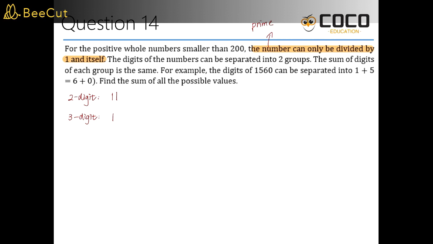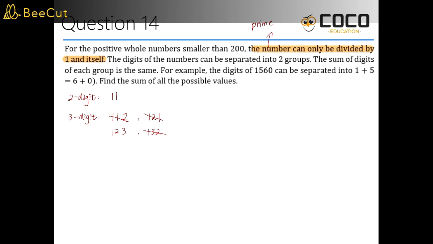If the sum of each group equals 2, the number can be 112. Notice that it cannot be 121, because 121 is a multiple of 11. So 112 is not a prime number. Then the next one is the sum equals 3. So 123. 132, there's no need to check, that's a multiple of 11.